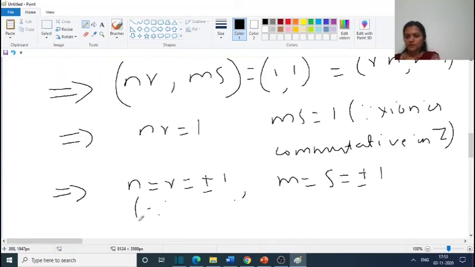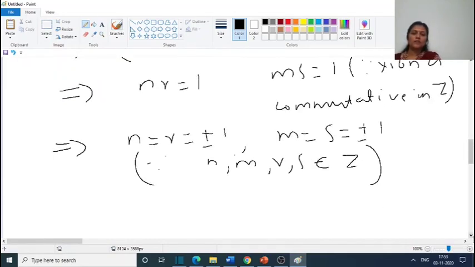Since n, m, r, s are elements of Z, all are integers, so n can be either plus or minus 1, these two values, no other values. 1 by n is possible, but all values belong to Z, so this value should be plus or minus 1.